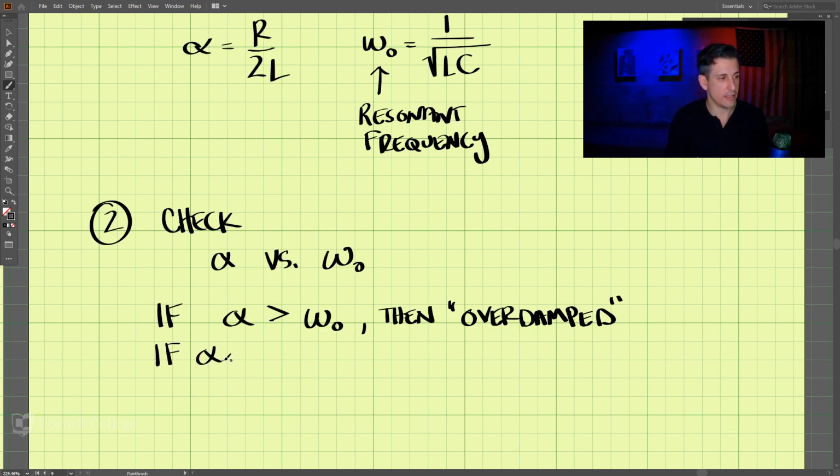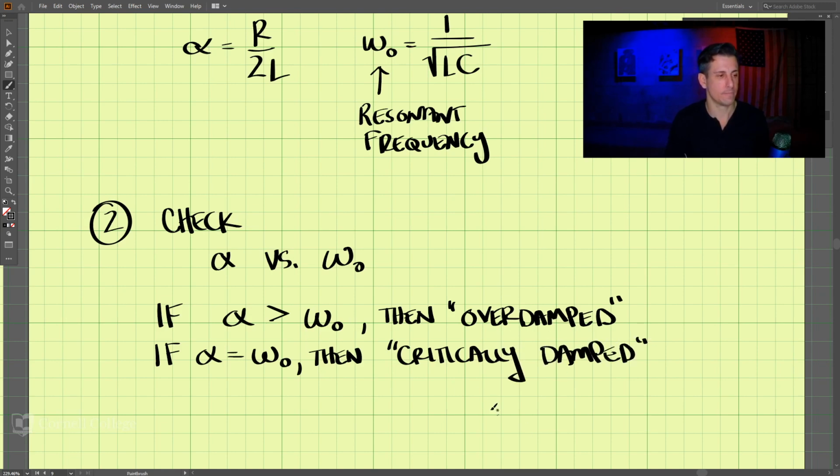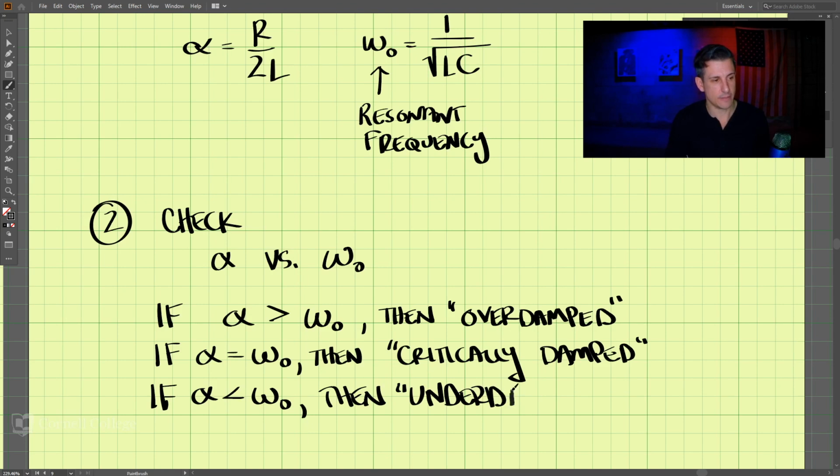If alpha is equal to omega naught, the resonant frequency, then we call this critically damped. And lastly, if alpha is less than omega naught, then we say that this is underdamped.